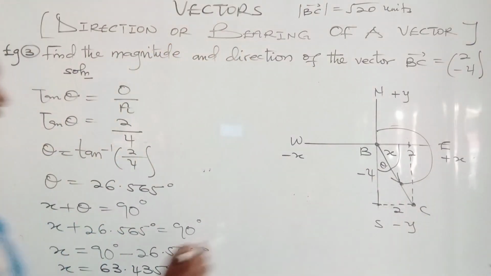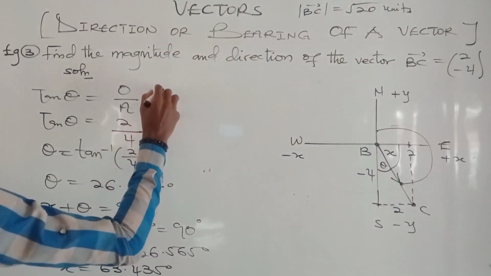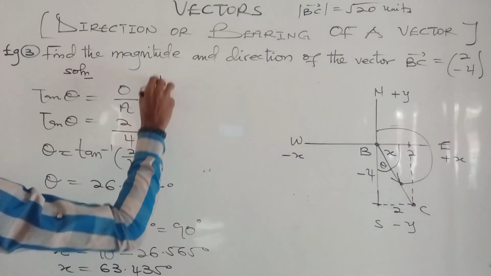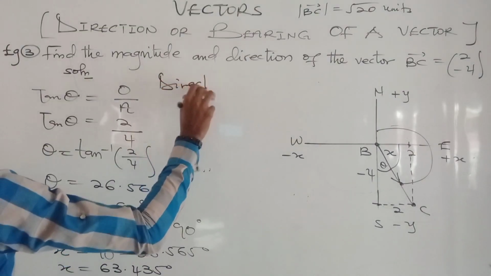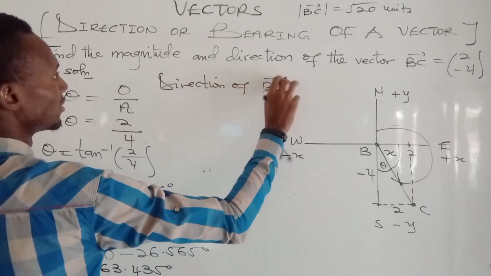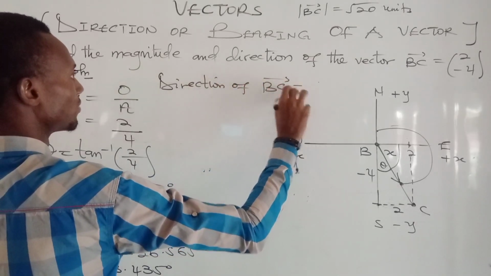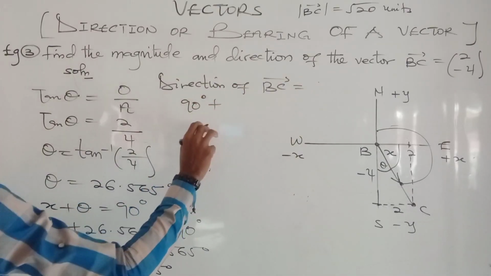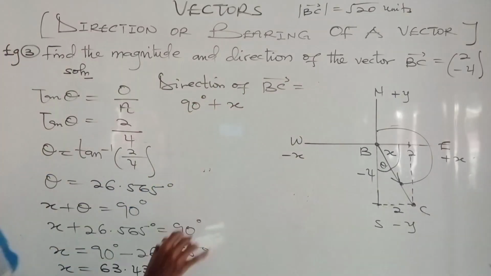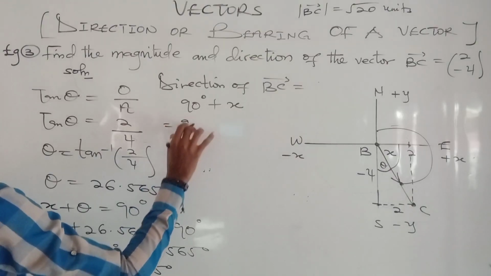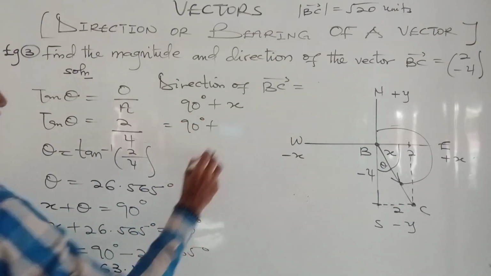So the direction of the vector BC will be equal to the 90 degrees plus S.